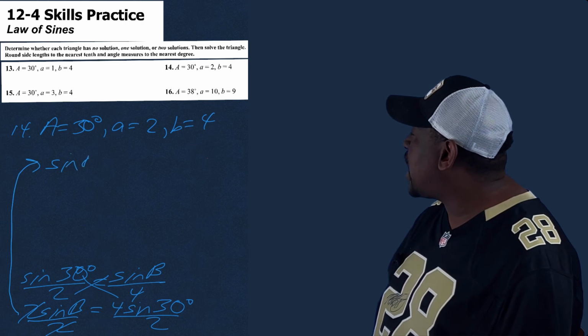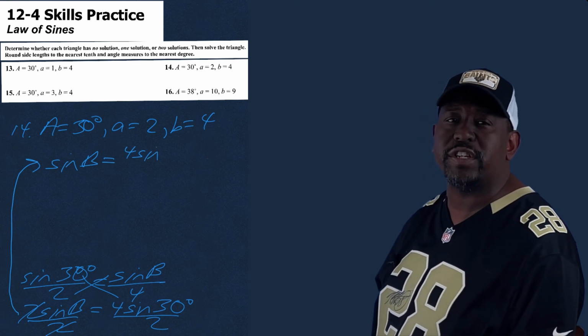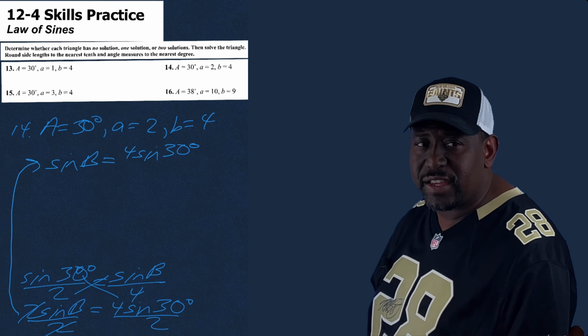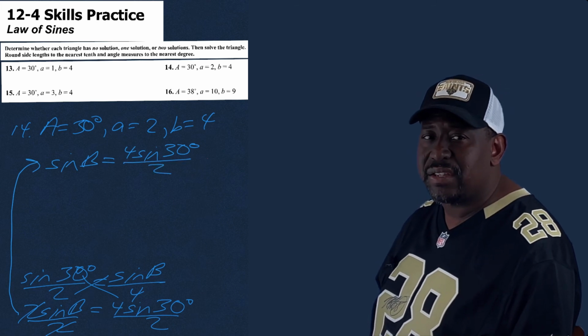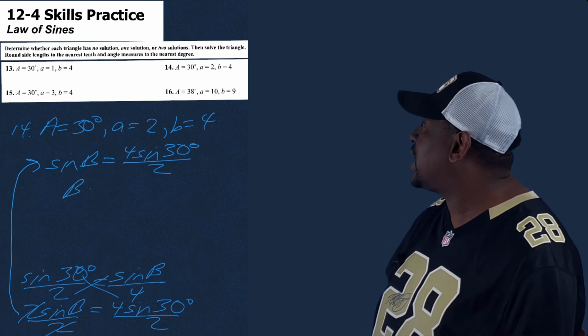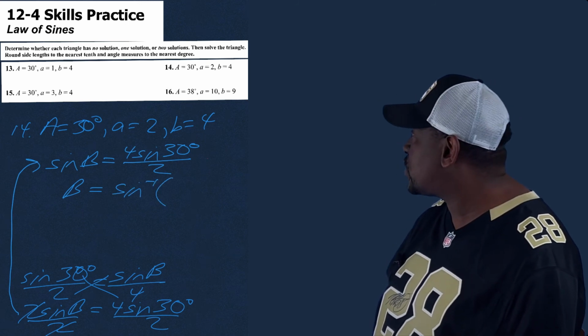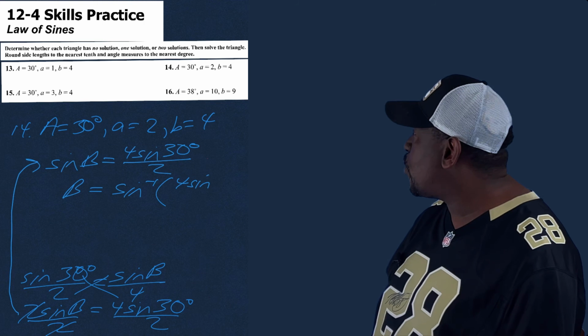So I'm going to put here sine B is going to equal 4 times sine of 30 degrees divided by 2. And again, as I was saying, to get the angle B, we have to take the inverse sine of the quantity of 4 times sine 30 degrees over 2.